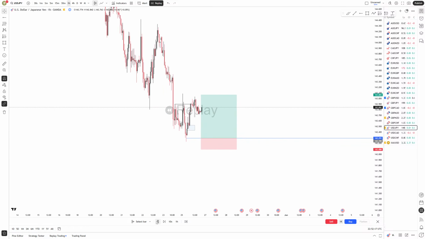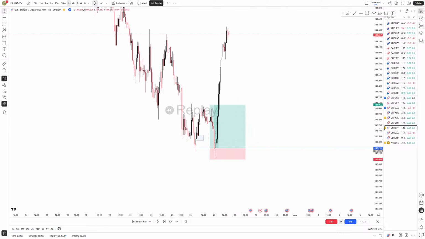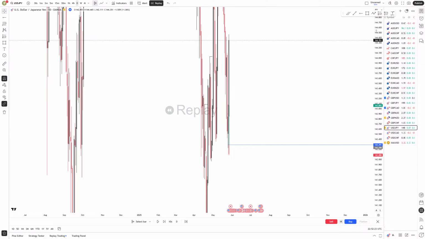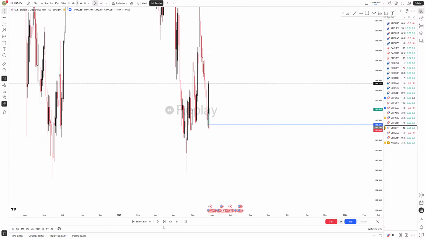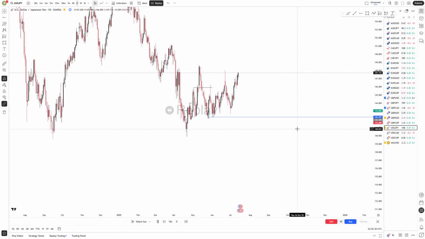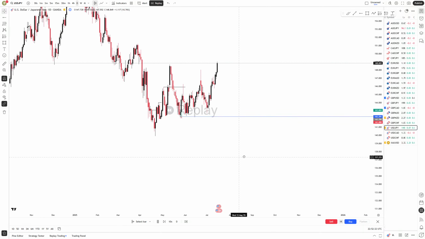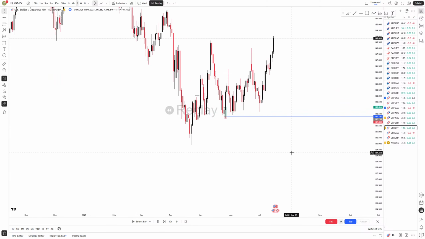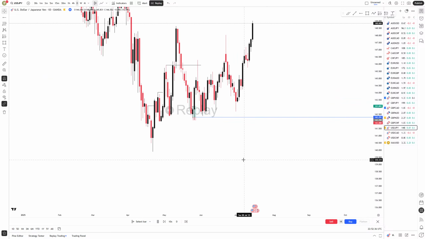If we put that and wait for the market to come, as you can see, the price just came, activated that order, and then moved about 673 pips. So that was the first entry, and that was from this USD JPY pair.